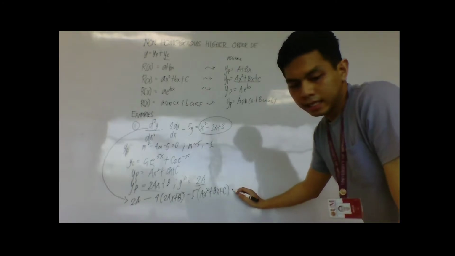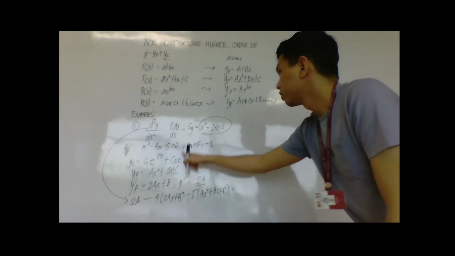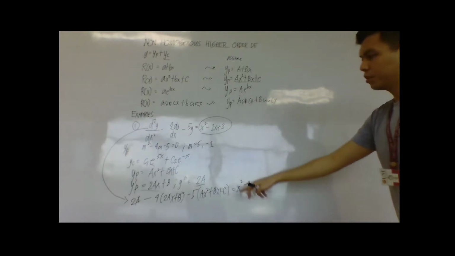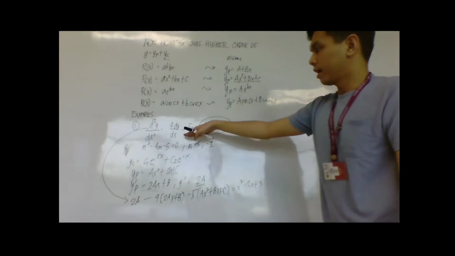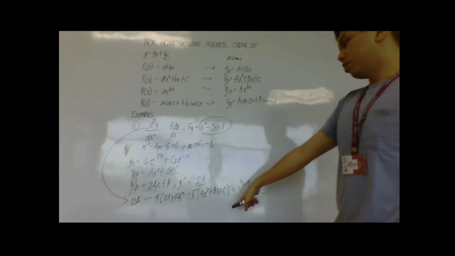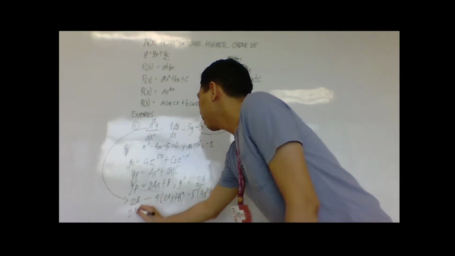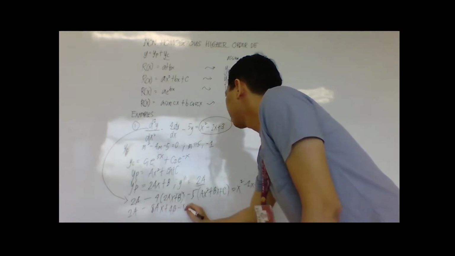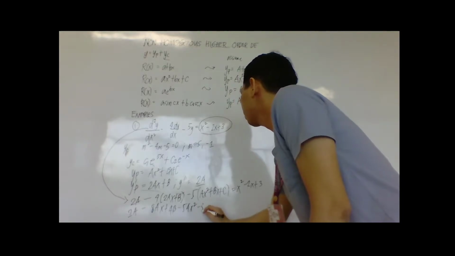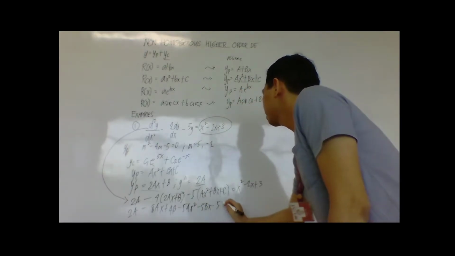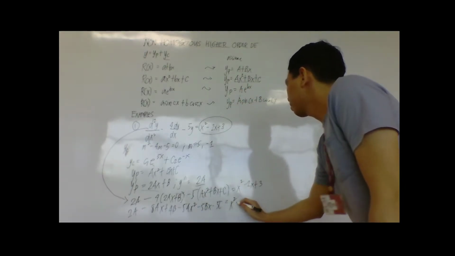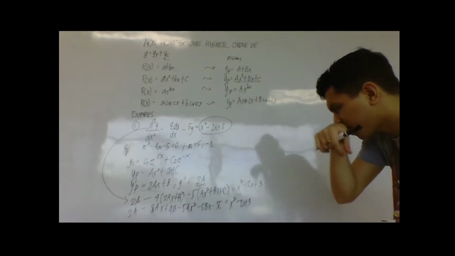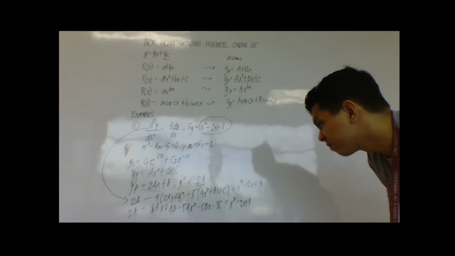Equate it to x squared minus 2x plus 3. Simplify: 2a minus 8ax plus 4b minus 5ax squared minus 5bx minus 5c is equal to x squared minus 2x plus 3. Then let's look at the like terms.